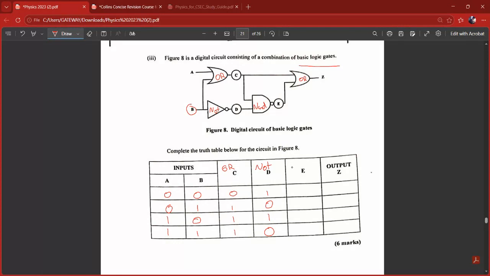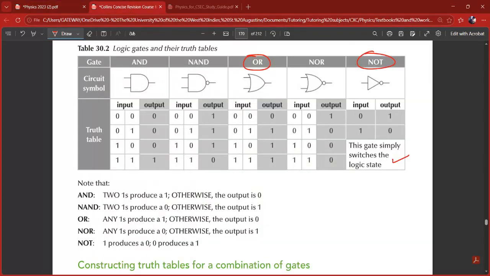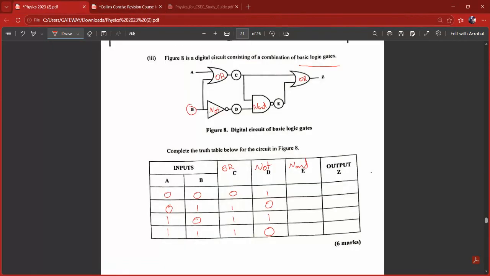E is a NAND gate. So for the NAND gate here, when you have a 1 and a 1, you get a 0. Everything else becomes 1. So you look for a 1 and a 1. What are the inputs here?